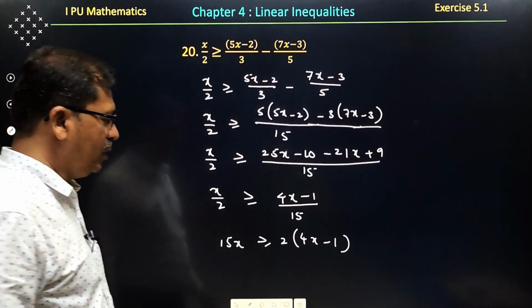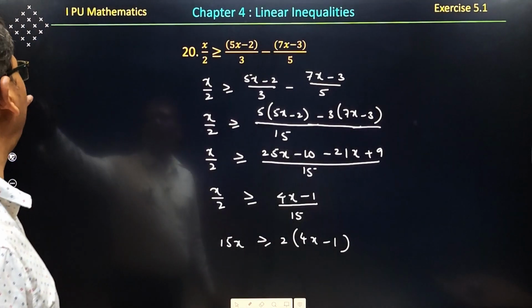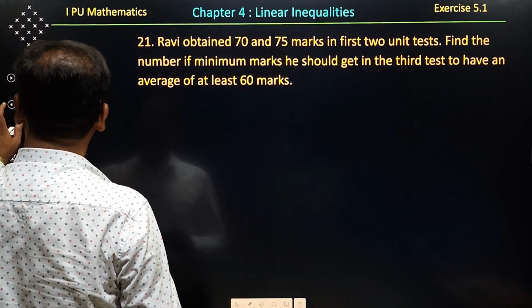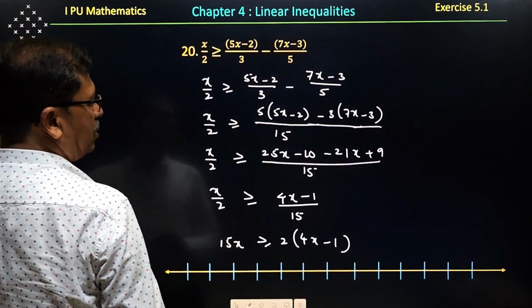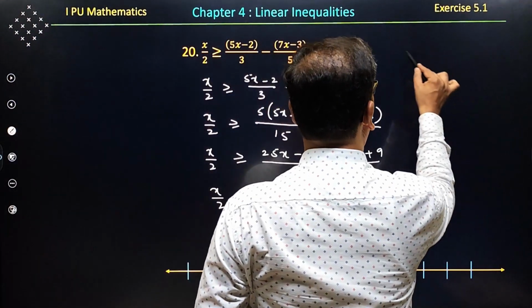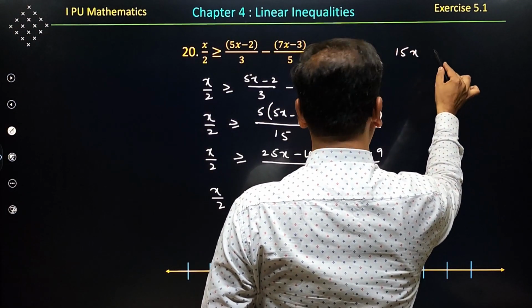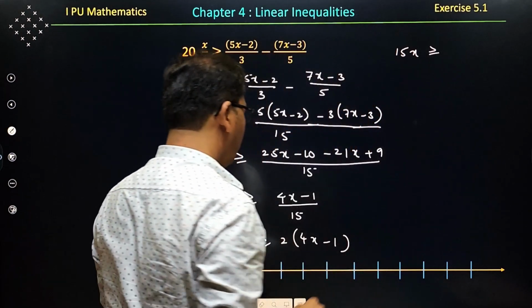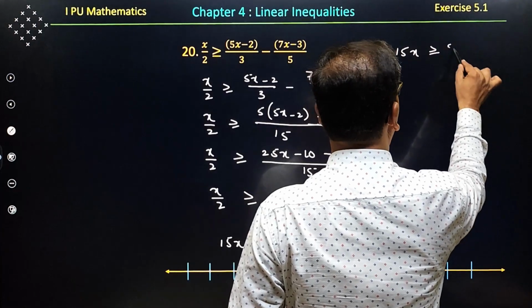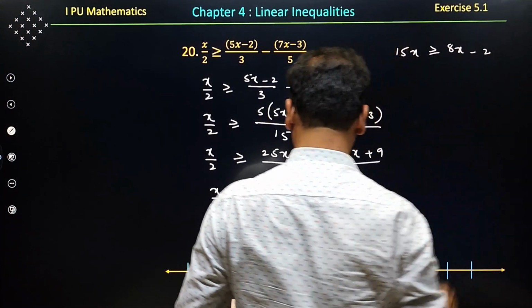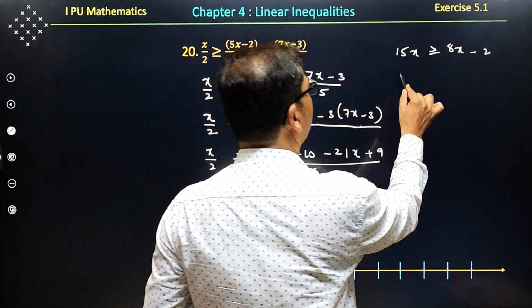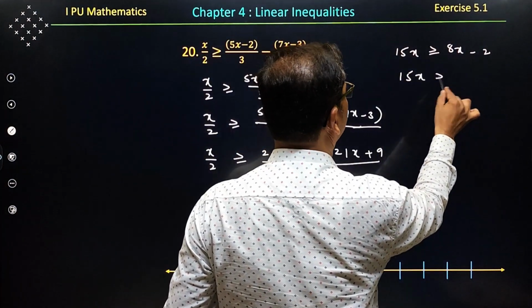Here only I would like to continue. 15x is greater than or equal to 2 into 4 is 8, 8x minus 2, 2 into 1 is 2 only.